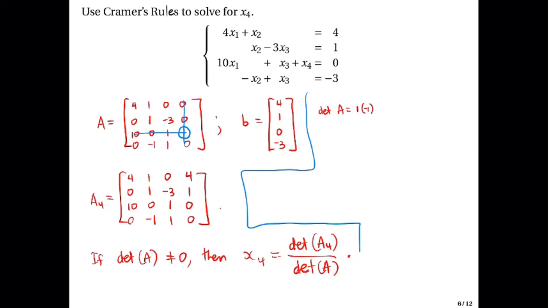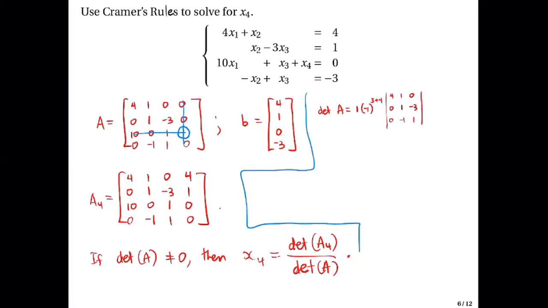So negative 1 raised to 3 plus 4, and then we want the determinant of the matrix here: 4, 1, 0, 0, 1, negative 3, 0, negative 1, 1.